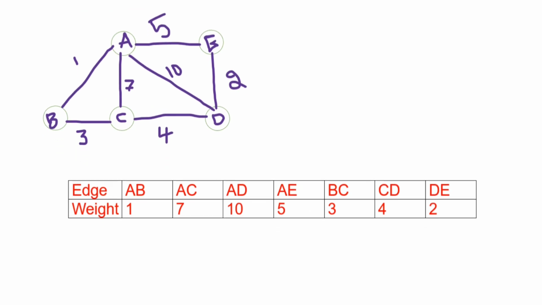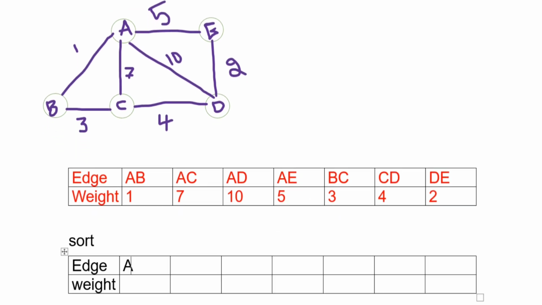Now the edges and weights: edge A to B is 1, A to C is 7, A to D is 10, A to E is 5.